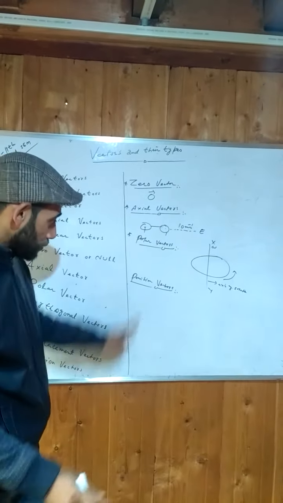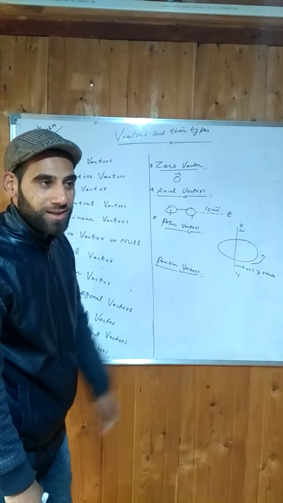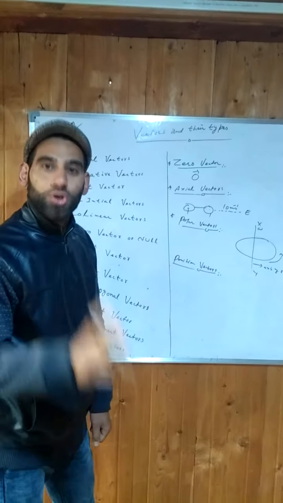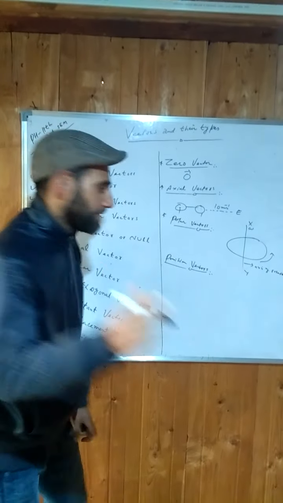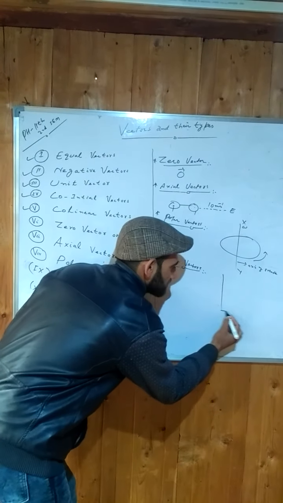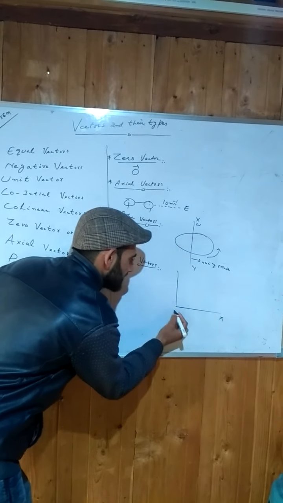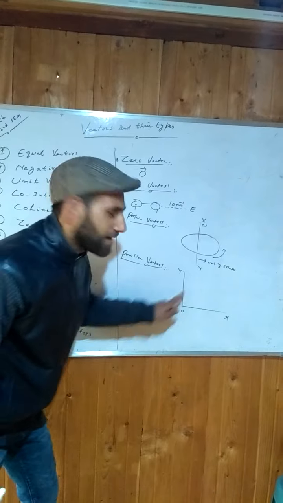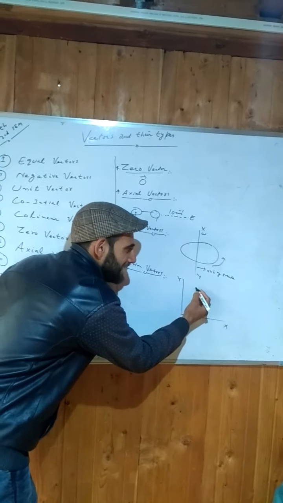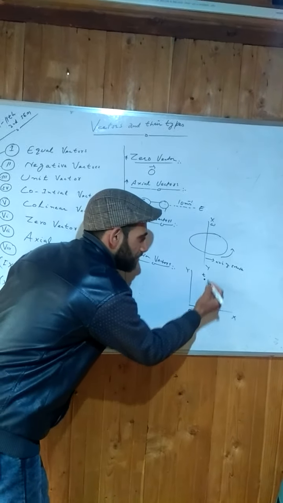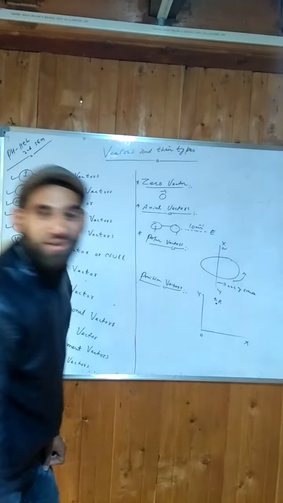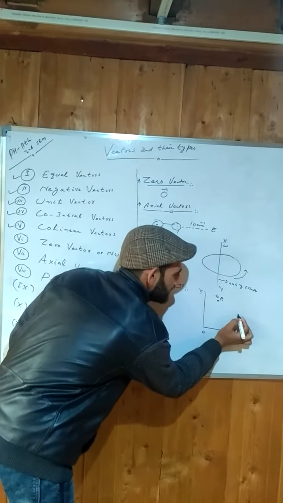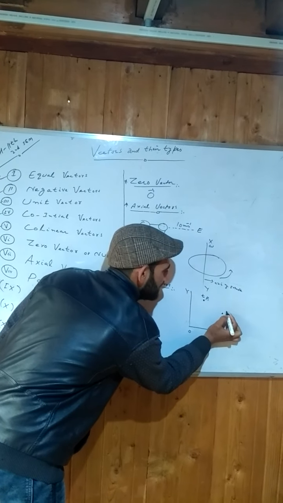In order to explain position vector and displacement vector, let me draw a Cartesian frame of reference with two coordinate axes, x-axis and y-axis. Let a body be moving in the xy plane. At any instant of time t, the body is at position P1. After some time interval t dash, let the body reach position P2.